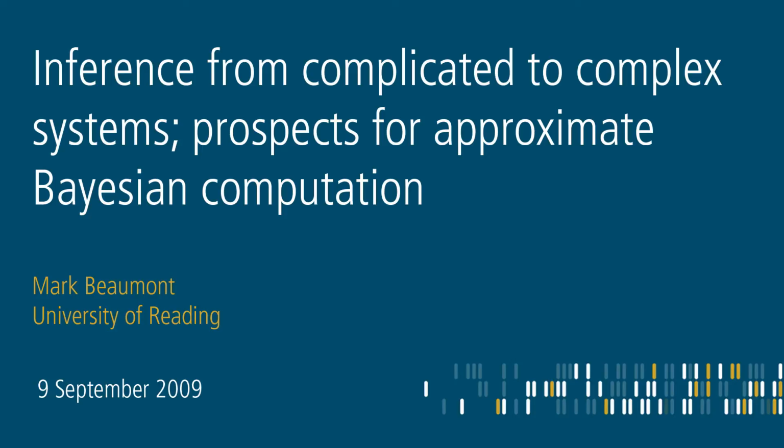And a couple of papers by Oliver Ratmann and colleagues have used this MC-ABC scheme to infer parameters in models of the development of protein interaction networks.